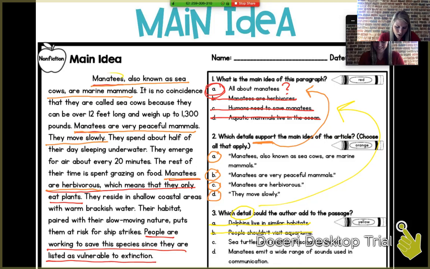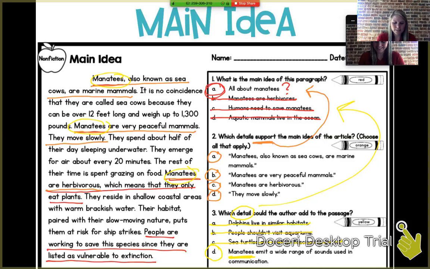Well, remember, our whole passage was about what? Manatees. So I don't know that it would be wise to add a detail about sea turtles. That's not going to match our main idea. The last choice says that manatees emit a wide range of sounds used in communication. Well, I'm focusing on manatees again, so I think that that would be the best detail to add to the passage to match our main idea.